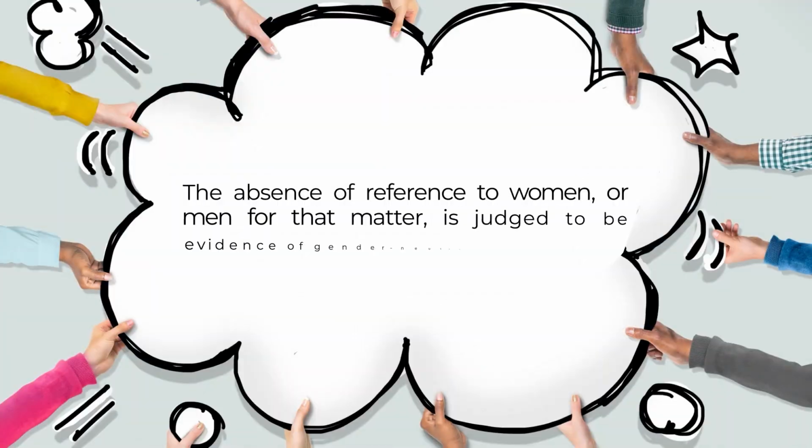But expenditure and revenue are specified in terms of financial aggregates, and the impacts of categories or subcategories of expenditure or revenue are judged largely on their impact on the overall budget deficit or surplus. The absence of reference to women or men, for that matter, is judged to be evidence of gender neutrality.